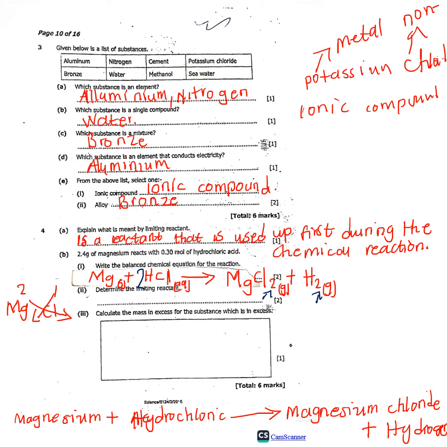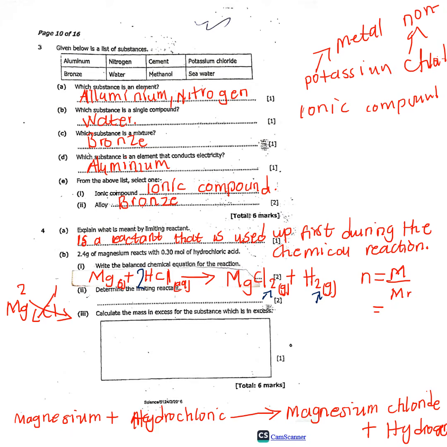Now for question 2, determine the limiting reactant. We want to know between magnesium and hydrochloric acid which one was used up first. The first step whenever you are looking at the limiting reactant is to find the number of moles for each reactant. For hydrochloric acid, we have been given the number of moles, so let's find the number of moles for magnesium. Number of moles is equal to mass divided by molar mass.